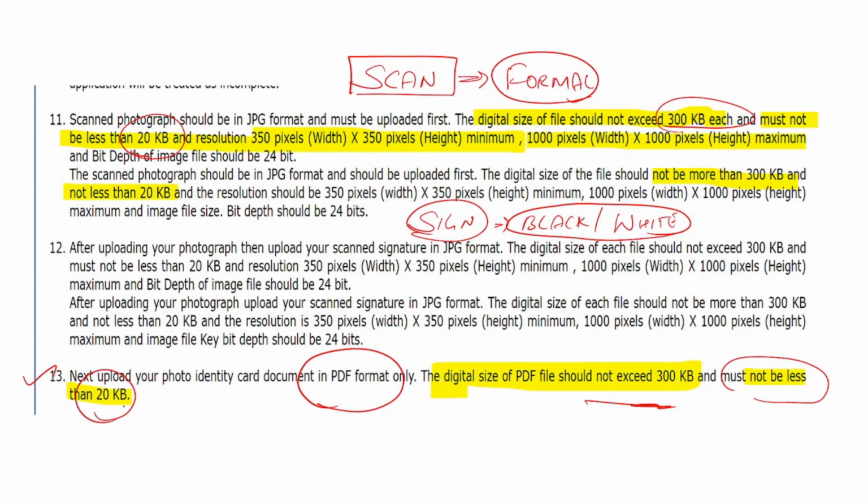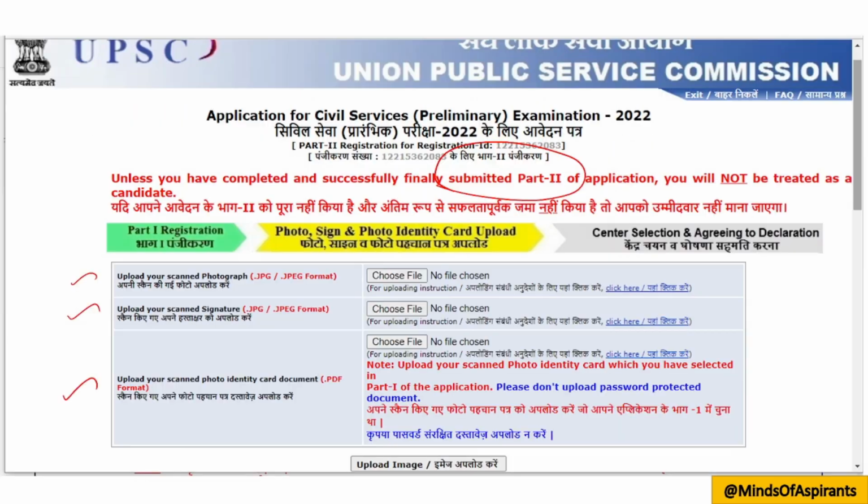Please check this point, because in scanning also, you tell the person scanning the picture that this is the criteria they have asked, and they will give you this specification, and then upload this. Upload this picture, and upload your scanned signature.